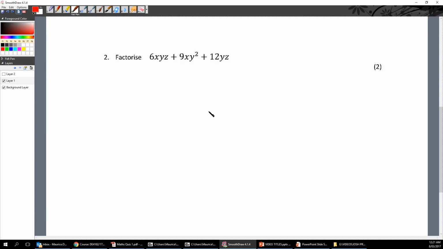So if we look there at the 6, we can see that there is going to be 2 times 3. Okay, so I'm going to put that in there. That 6 is 2 times 3. And I'm looking here at 9, and I'm thinking, well, that's 3 times 3.